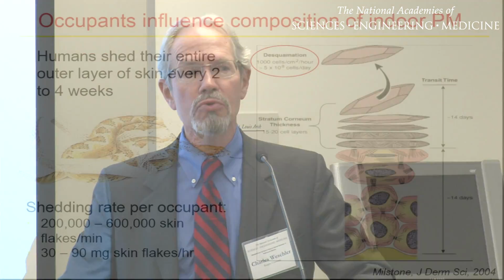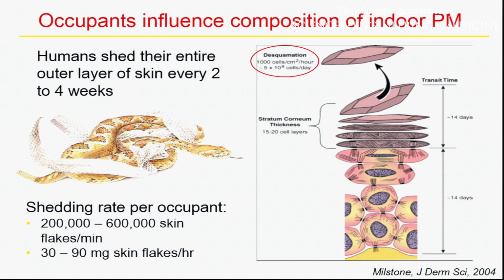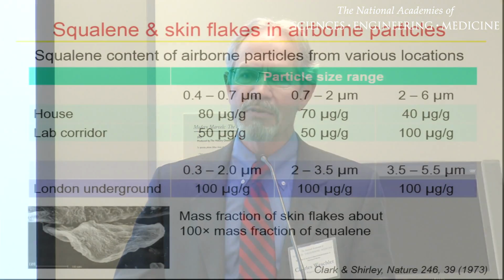As you've heard, we, the occupants, have a huge impact on indoor environments and on indoor PM. We shed our entire outer layer of skin every 2 to 4 weeks. The shedding rate is enormous, 200 to 600,000 skin flakes a minute. The data on this slide comes from a classic study that appeared in Nature in 1973.